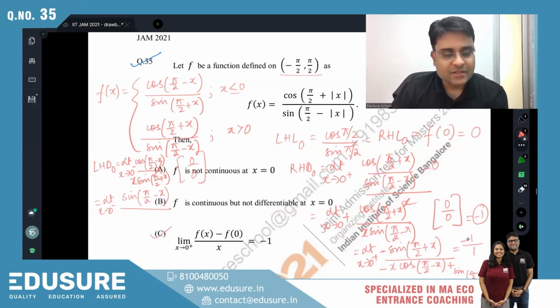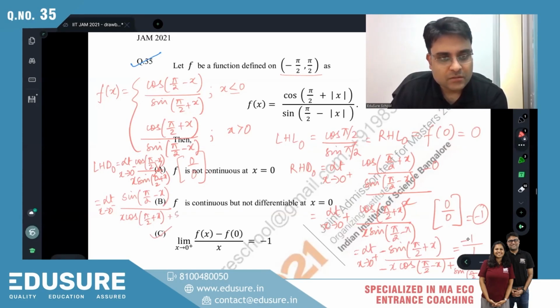So x into cos into plus 1 plus, ठीक है. So if I put 0, I'll get sin(pi/2), which is 1.